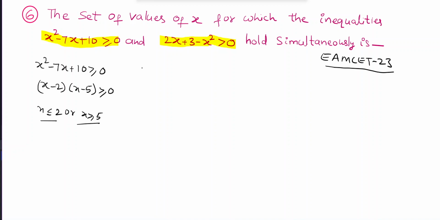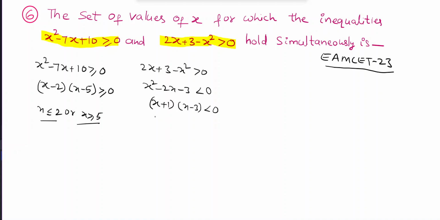And the second inequality is given: 2x plus 3 minus x square greater than 0. Take minus common: x square minus 2x minus 3 less than 0. Factors for this are (x plus 1)(x minus 3) less than 0.